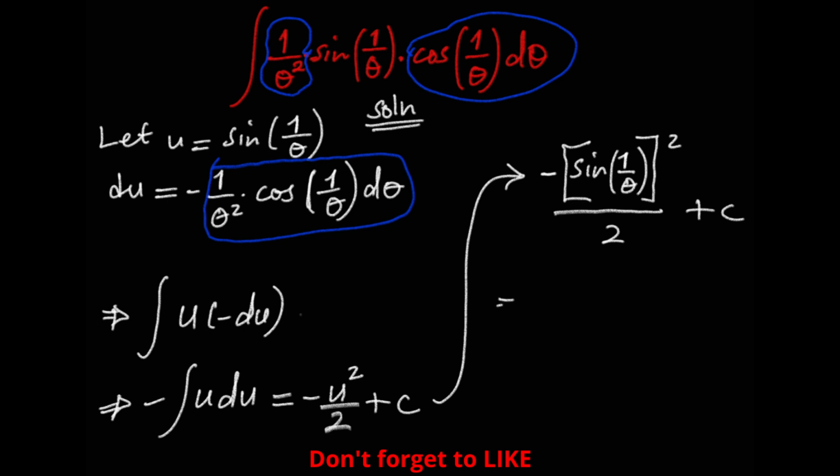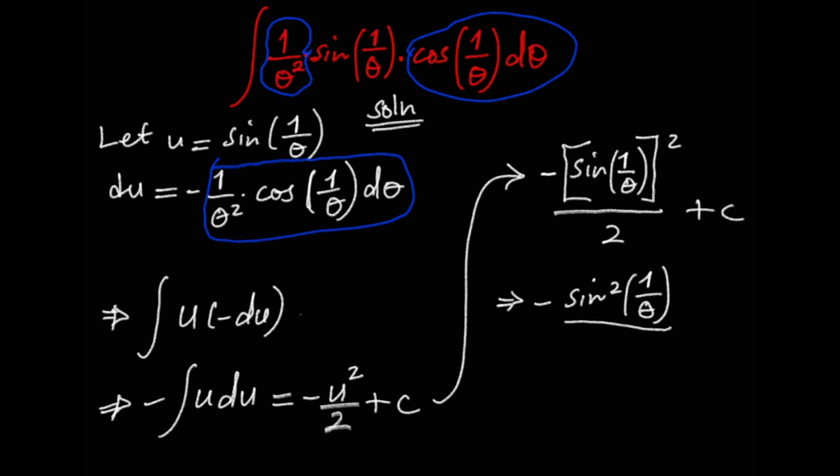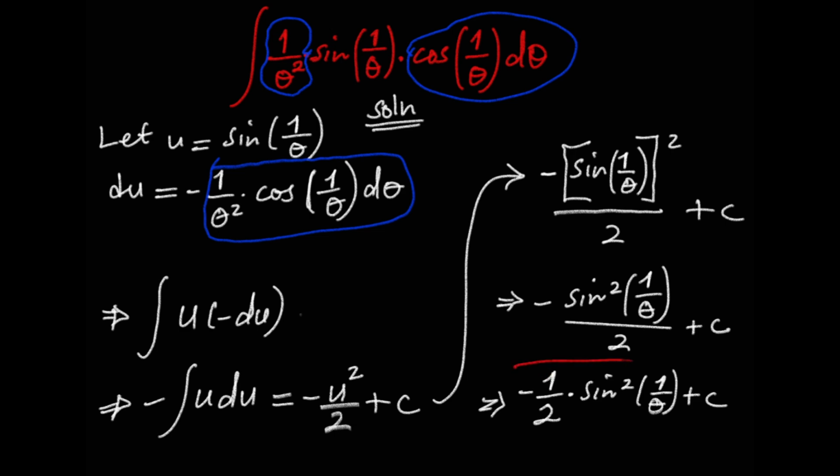By rewriting this, we get negative sine squared 1 over theta, all divided by 2, plus c. Now you can leave your answer in this way, or if you want, you can further write it in this form: negative 1 over 2 multiplied by sine squared 1 over theta plus c. And this is the final solution to this integral question.